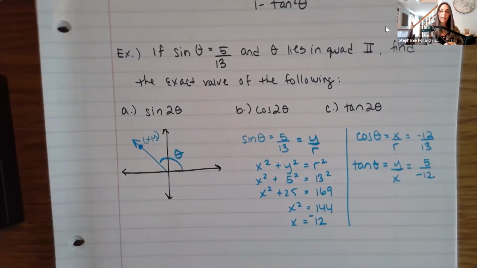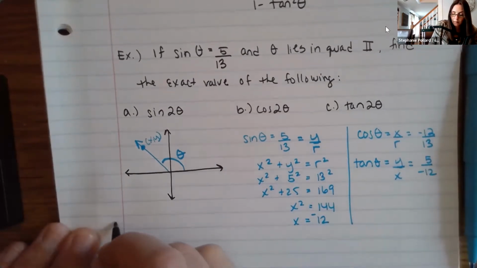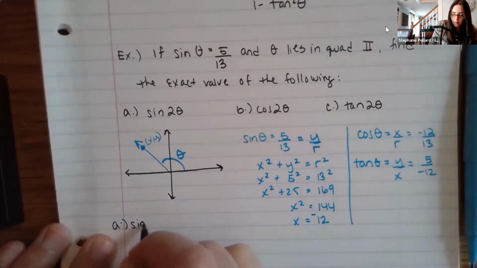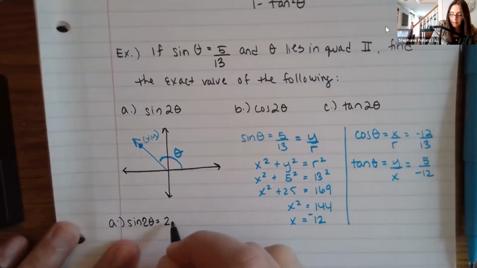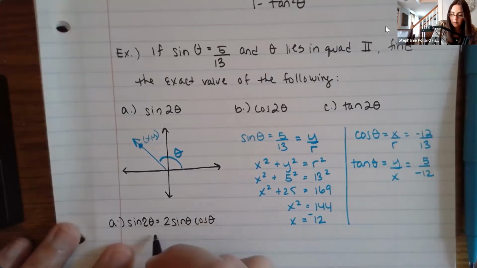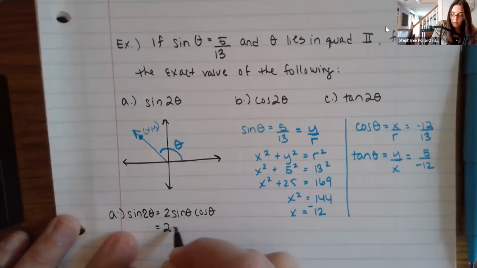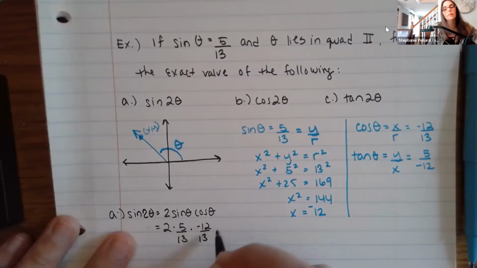All right, so now let's go in and actually solve the problem. So our formula here is twice, and then we're multiplying by sine theta and cosine theta. So our sine theta is 5 over 13, and our cosine theta we saw was negative 12 over 13.